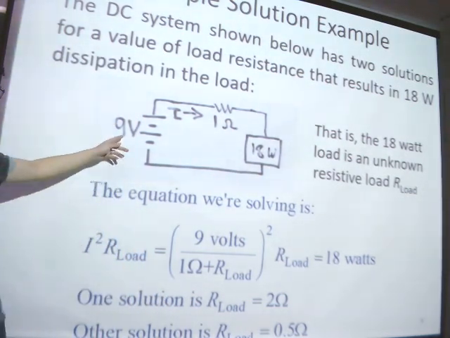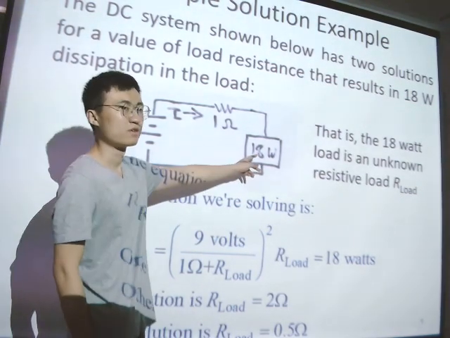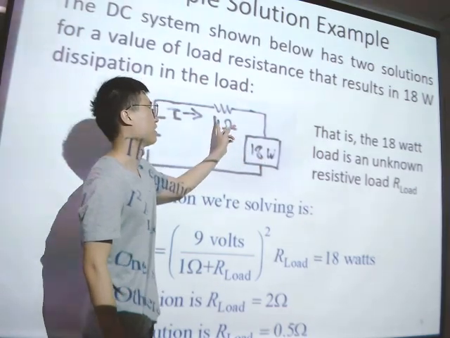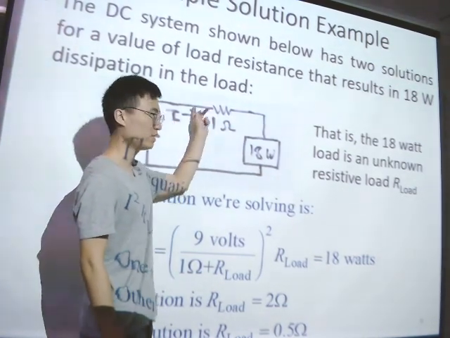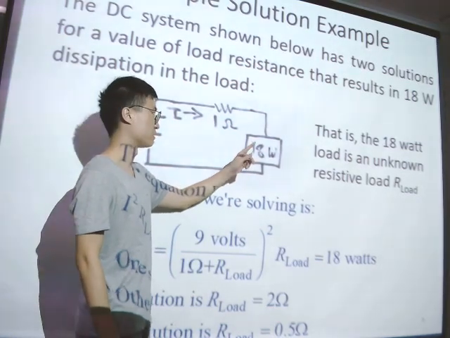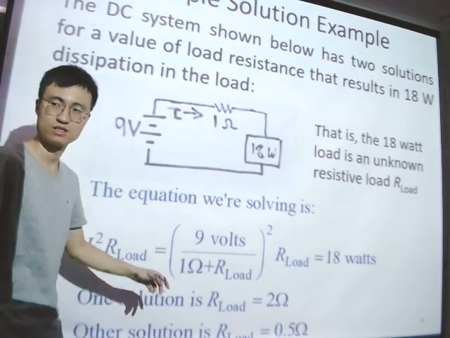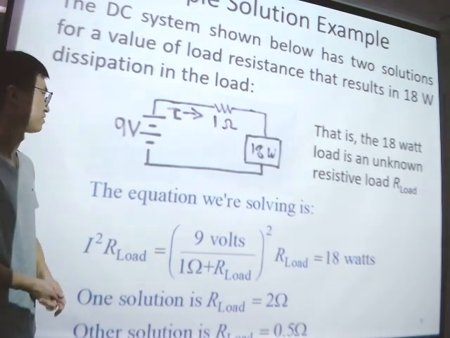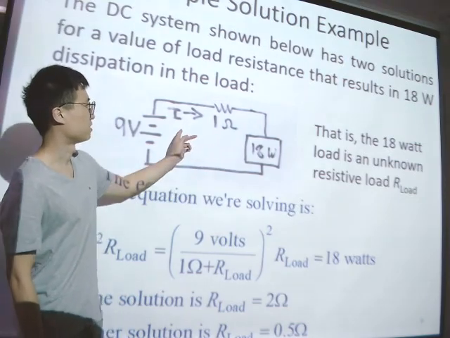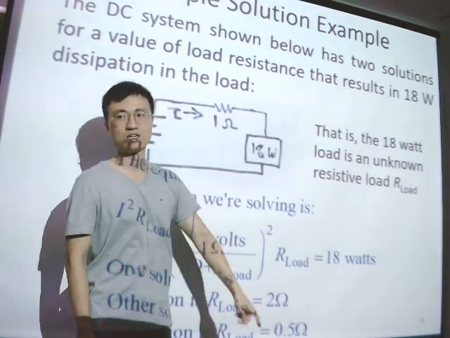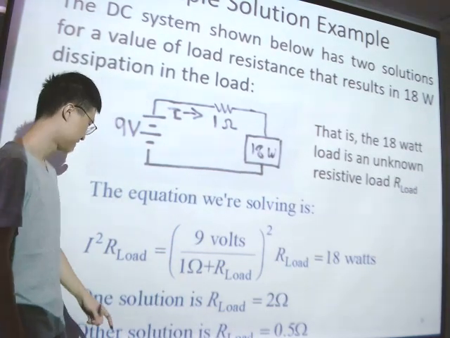Okay, we can see that the power here is the square of the current multiplied by the resistor or impedance. Here we assume that, because the 18 watts is the active power, this is the resistor.